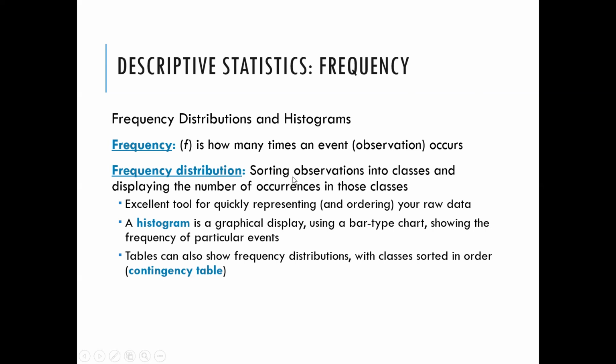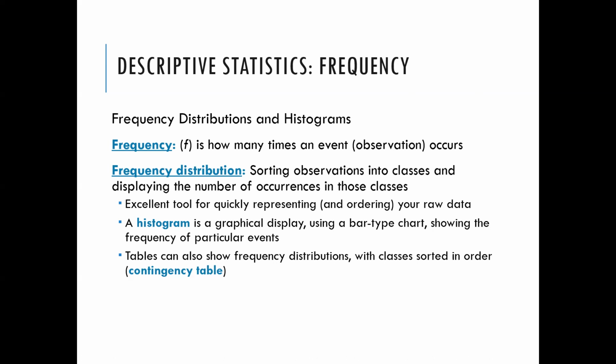It's a great tool for representing and ordering your raw data. You've probably seen one example of a frequency distribution before, and that's a histogram. A histogram is just a graphical display using a bar type chart, and it shows the frequency of particular events. Another way that we can display a frequency distribution is with a table.